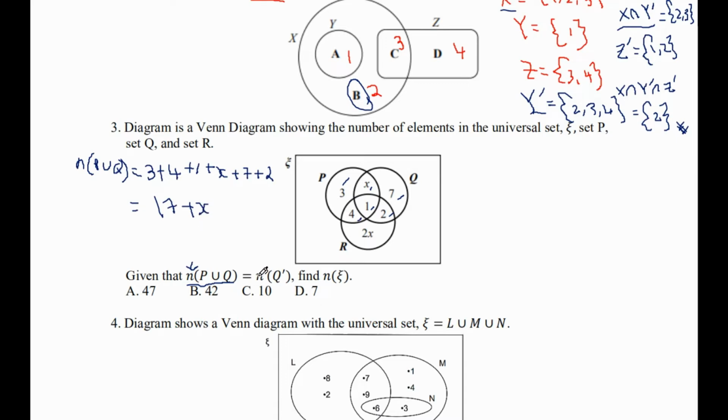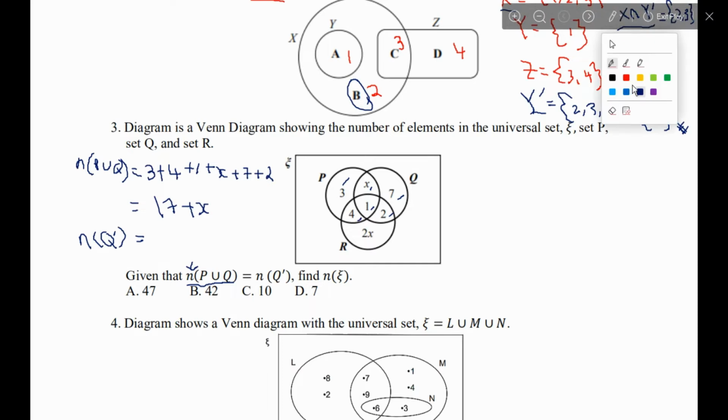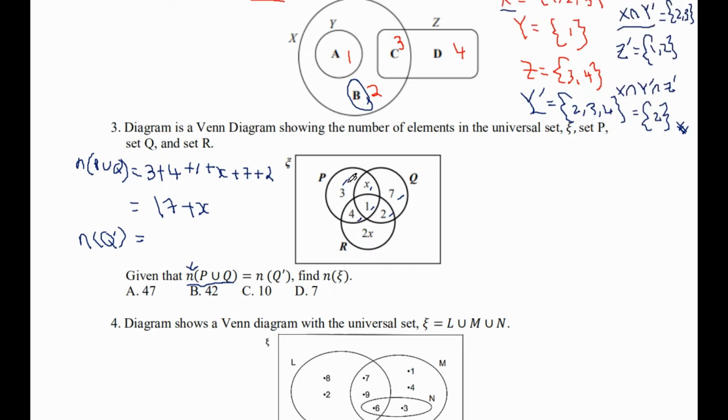So the number of elements of Q prime. Q prime means outside of Q. So Q is here, then outside of Q will be this one. So we have 3, 4, and 2x. 3 plus 4 plus 2x equals 7 plus 2x. And this equals this.